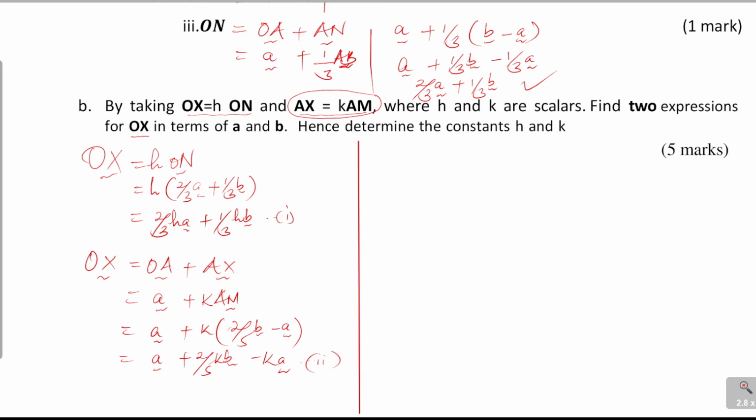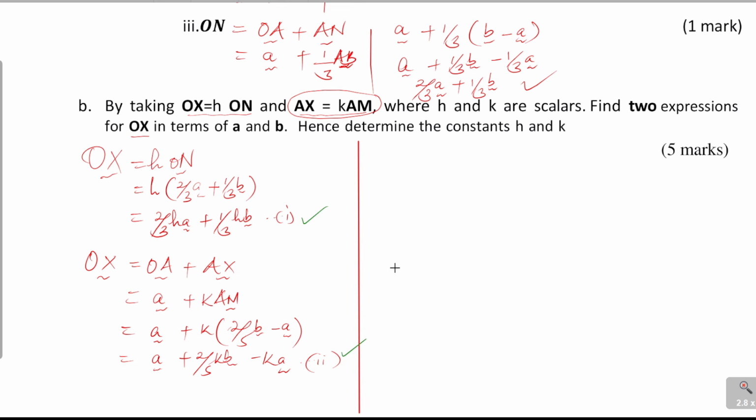Now after getting the two expressions, this is what you do. That is the first expression of OX, and this is the second one. Because they're expressing the same thing, you just equate them.